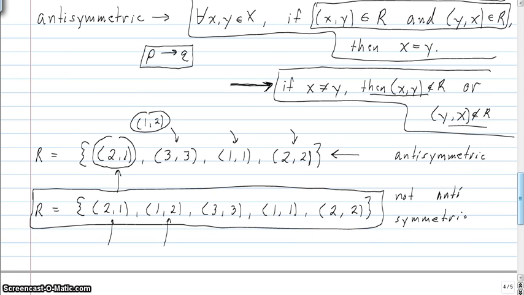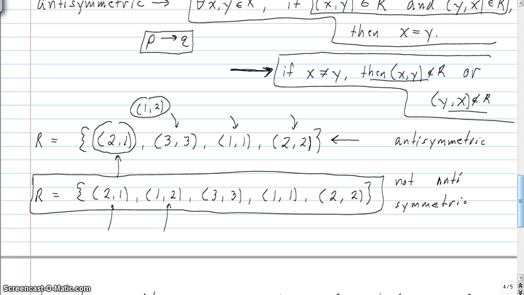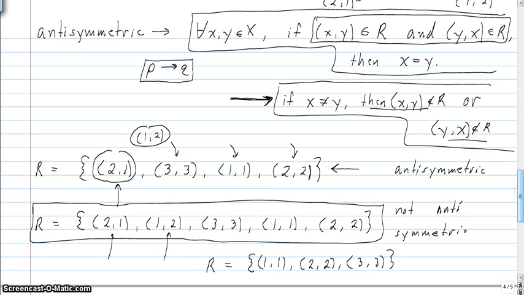And that seems to make sense. But there are some subtle situations where you do have to be very careful. For example, if we have this relation, again, this relation is antisymmetric.